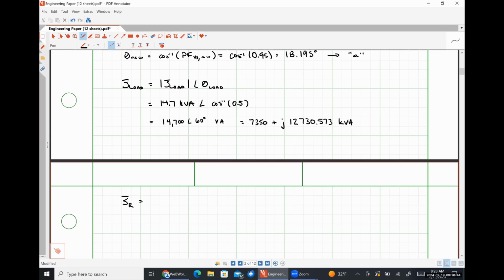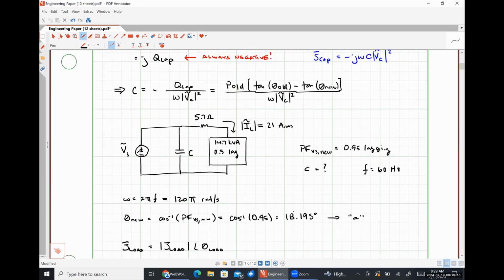Using our alternative relationships, this should just be the magnitude of the current flowing through the resistor squared times the resistor value itself. So that's going to be 21 amps RMS squared times 5.7 ohms. Double check and make sure it is 21.